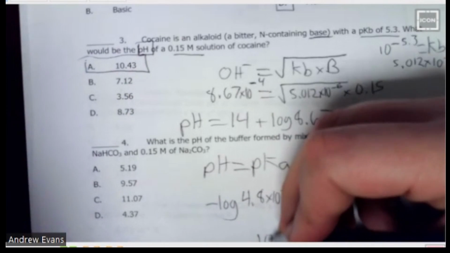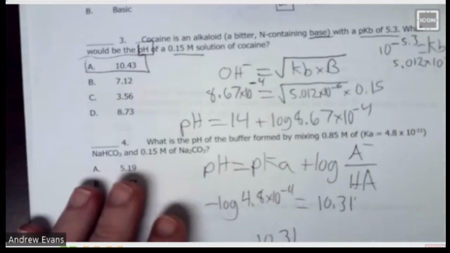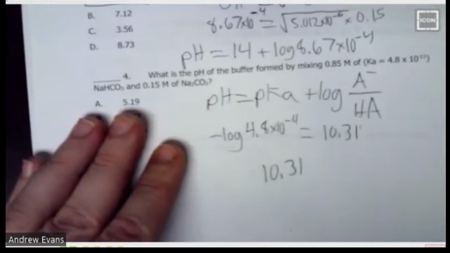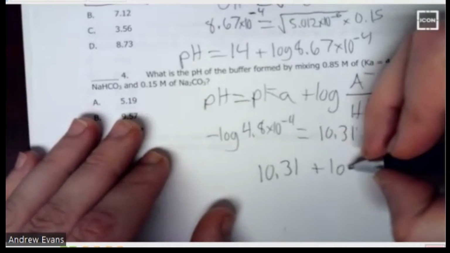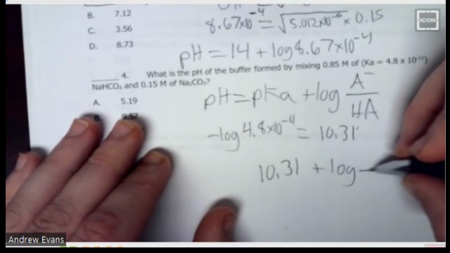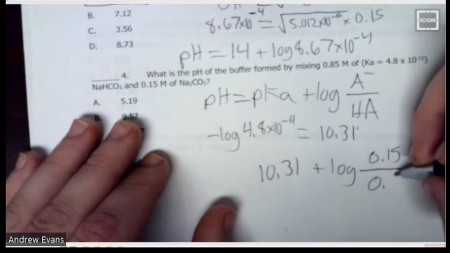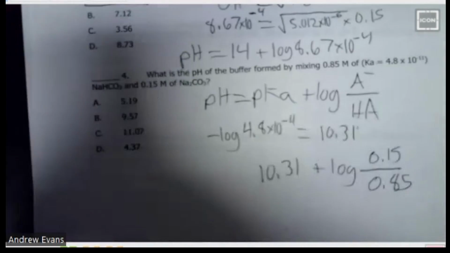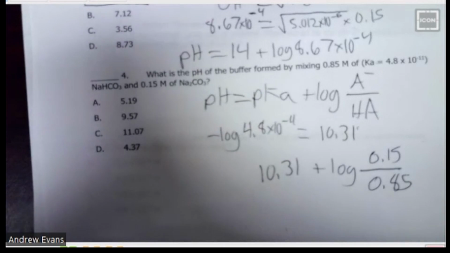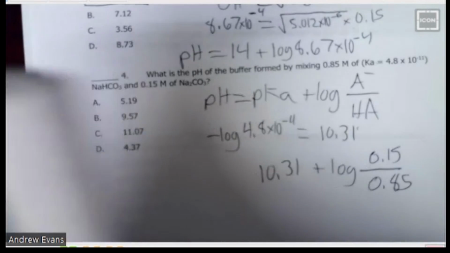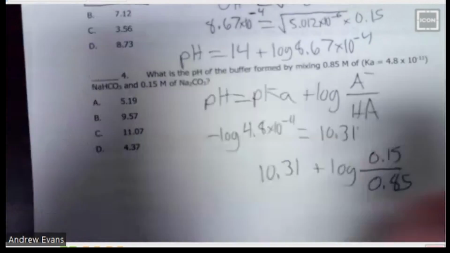So 10.31 plus log of the base over the acid, 0.15 over 0.85, is 9.56 or 9.57.